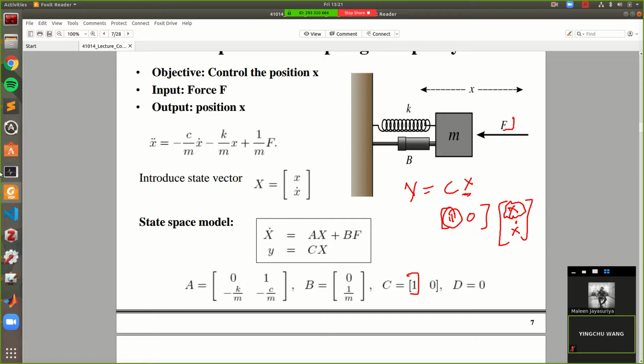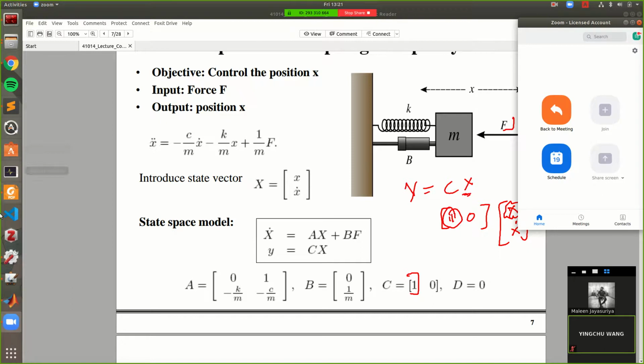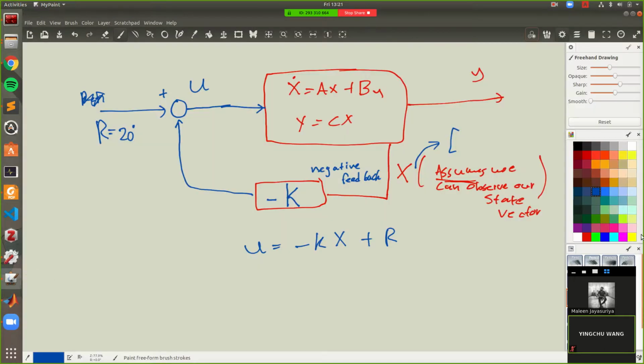So what you do here is you have the reference value, and you look at how it is relative to it, this is why you say negative feedback. You subtract it from your reference signal, and then you know how much of a difference between the actual value and the reference value that you have, and you feed that into this system.